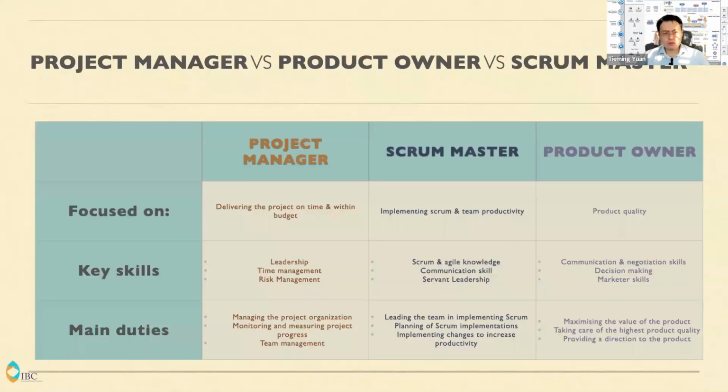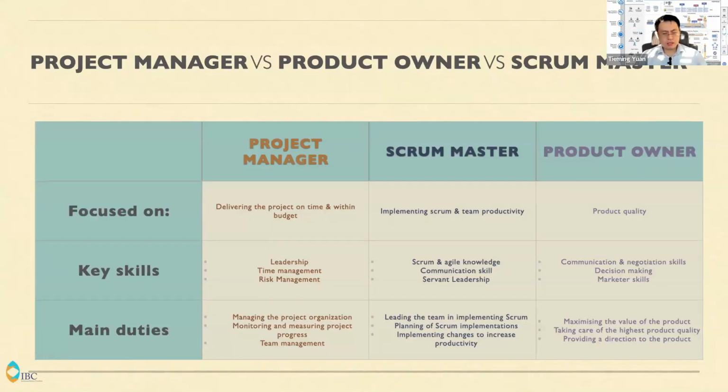And we are coming to the end. So let's do a side-by-side comparison of project manager, product owner, Scrum Master. The project manager focuses on one thing, which is delivering the project on time within budget. That's the main focus of the project manager.